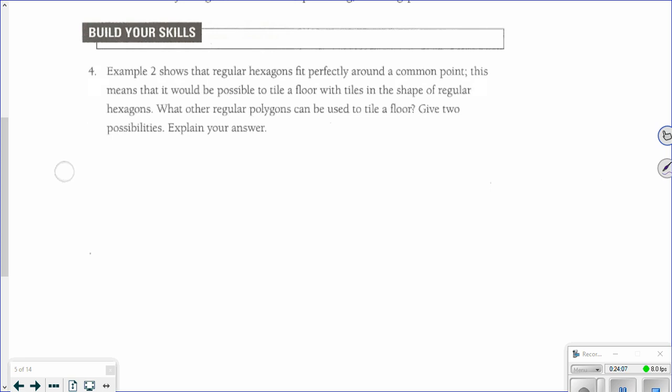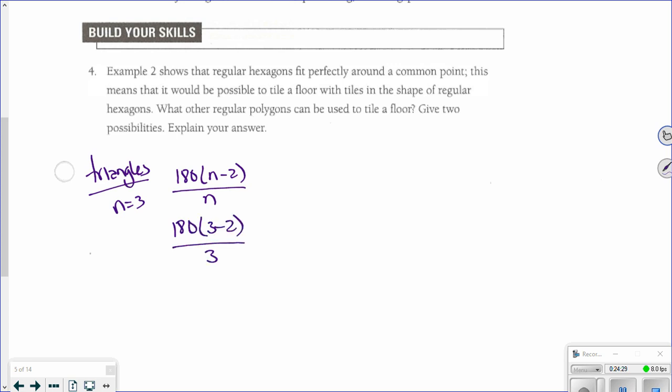So if I want to talk about triangles, triangles are 3 sides. If I want to work out my individual angle, each individual angle is 180 times n minus 2 divided by n. So 180 times 3 minus 2 over 3. 180 times 1 over 3 is going to equal 60 degrees.